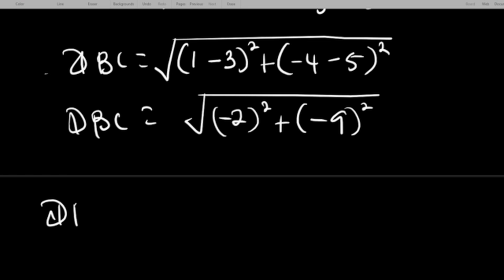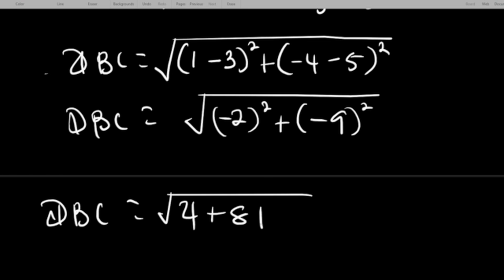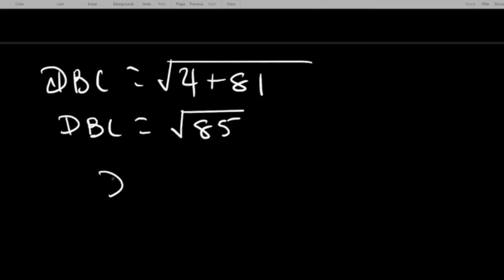Negative 2 squared is 4, and negative 9 squared is 81. Distance BC equals 4 plus 81 is 85. So this means that distance BC equals the square root of 85.